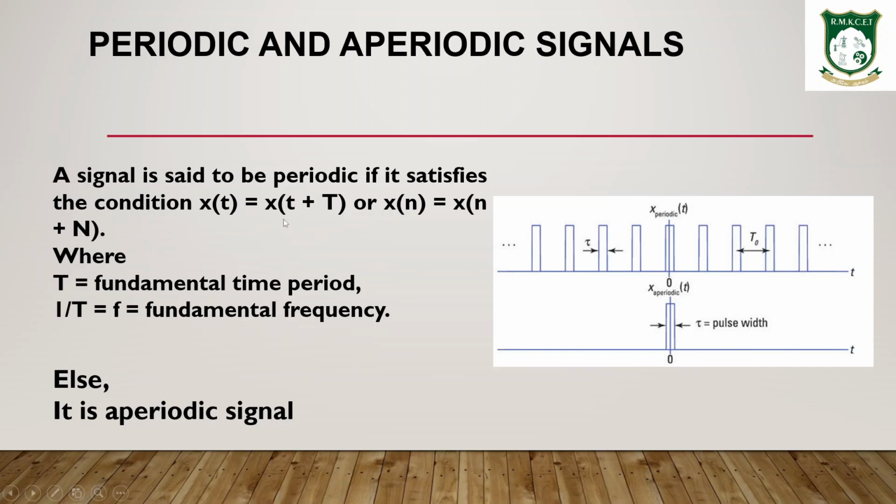Periodic signals are mathematically represented like this: x of t is equal to x of t plus capital T, if there is a smallest possible value of T such that this holds. For the discrete case, x of n is equal to x of n plus capital N. Then that signal is said to be periodic, and the fundamental period is capital T. The smallest possible value of T is said to be the fundamental time period, and this is the relationship between fundamental frequency and fundamental time period.